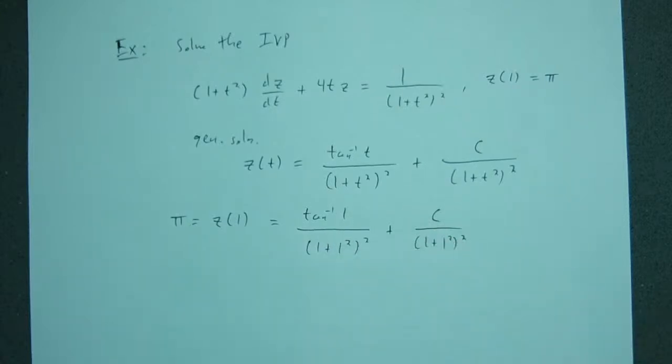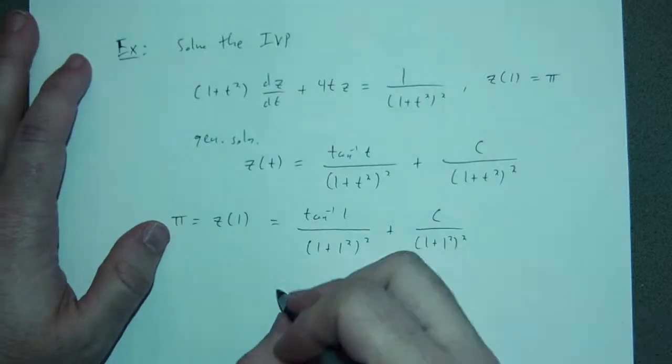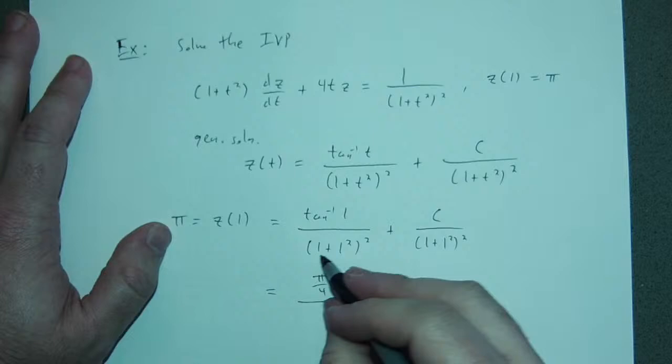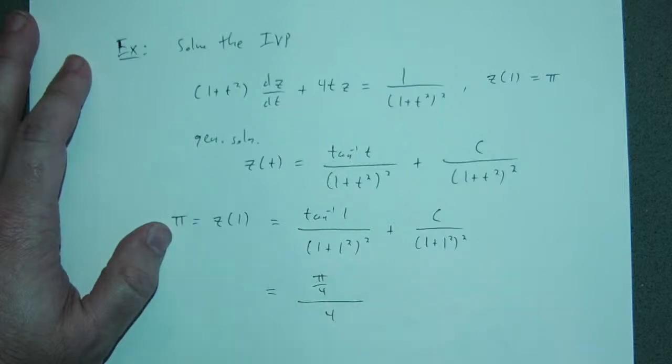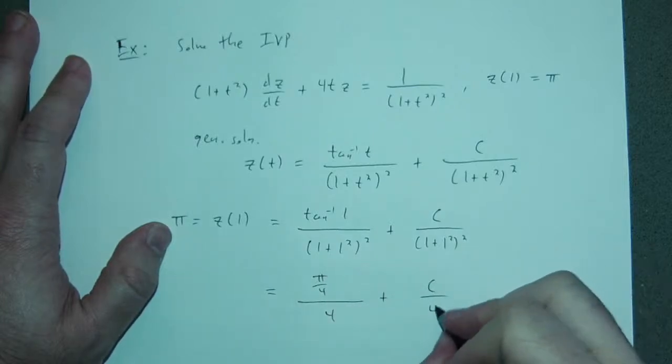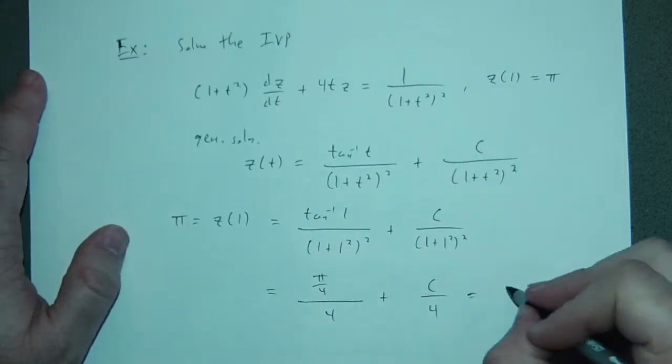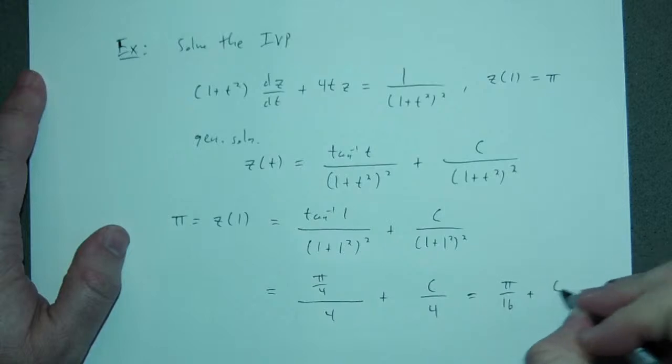I'm looking for where tan is 1. That's where sine and cosine are equal. That's where, this is pi over 4. So this is pi over 4 over 1 plus 1, which is 2. 2 squared is 4. Plus c over 4. So pi is equal to pi over 16 plus c over 4.